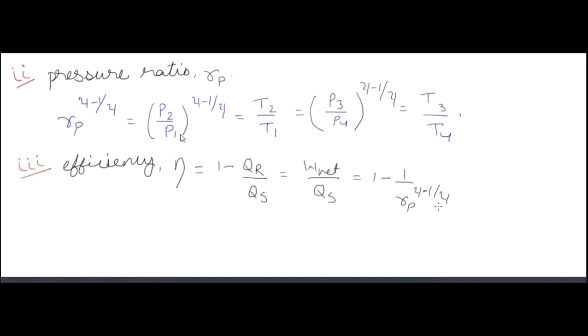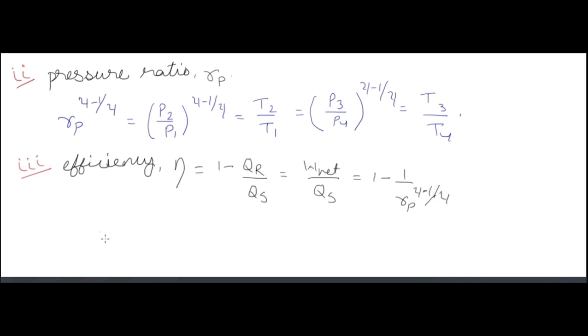So Rp to the power gamma minus 1 by gamma is equal to (P2 by P1) to the power gamma minus 1 by gamma, which is equal to T2 by T1, and is equal to (P3 by P4) to the power gamma minus 1 by gamma, which is equal to T3 by T4. Now efficiency of the Brayton cycle, as with every efficiency, thermal efficiency is equal to net work output by heat supplied.